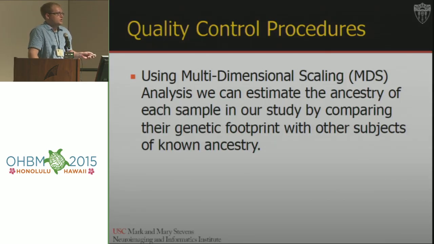And you can do that using multidimensional scaling. I don't think that I added the link on here, but there's a nice set of code on the Enigma website under genetic protocols for running MDS analysis. I apologize for not having it there, but it's all freely available online, the code and the steps for doing an MDS analysis.